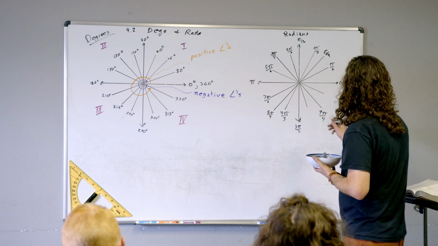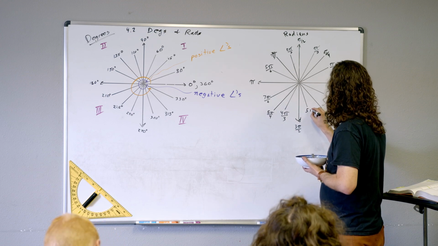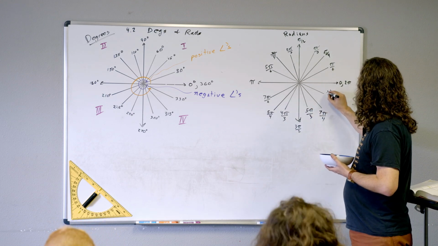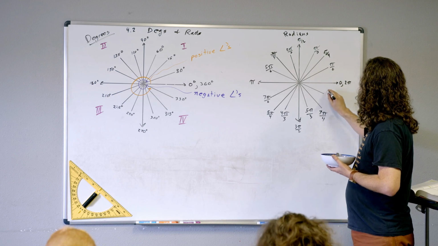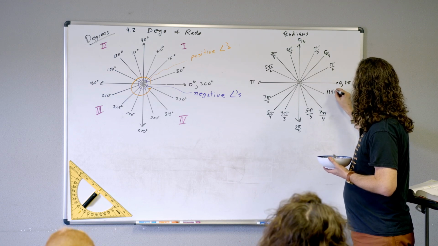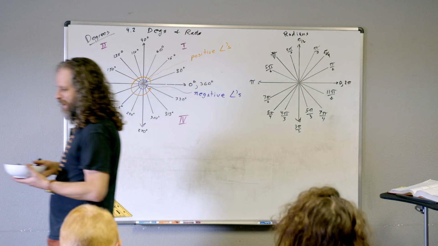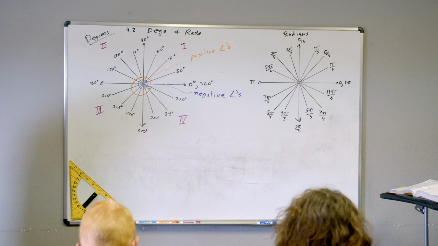What did you say? I'm sorry. 5 pi over 3. And then 11 pi over 6. What's the sine of pi over 6 in your calculator, as long as it's in radians mode?